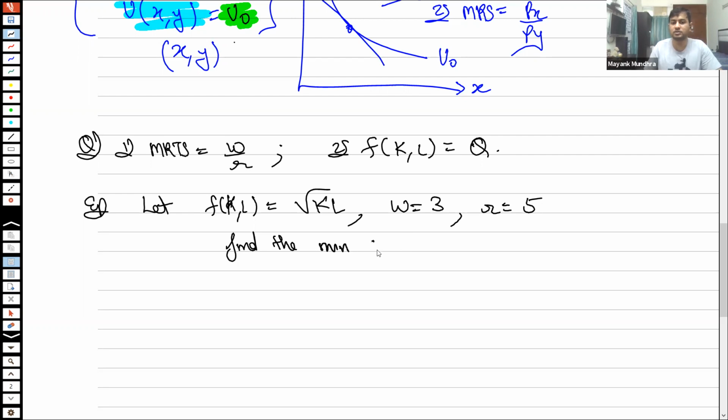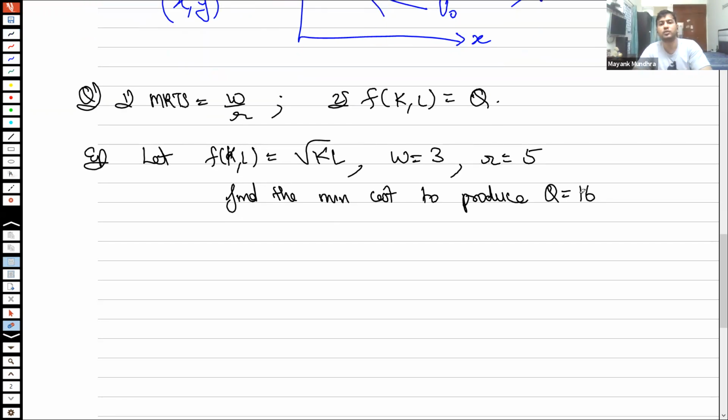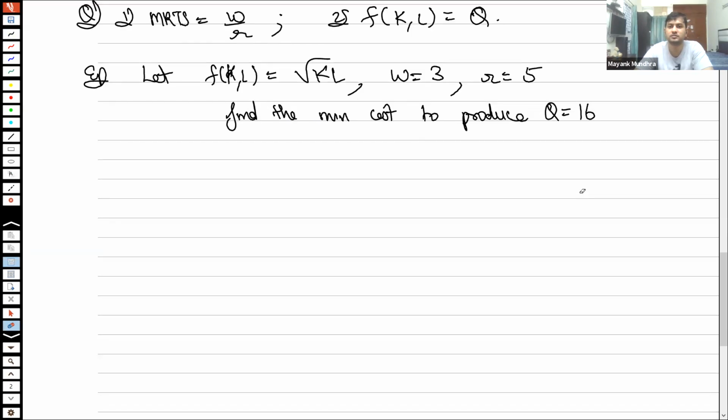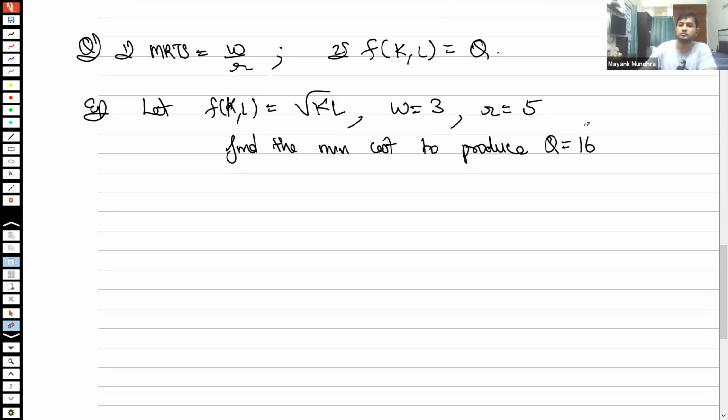Find the minimum cost to produce Q equals, let's say, 16. Yeah, why not? Q equals 16. So how do I do it? The first thing is going to be MRTS.